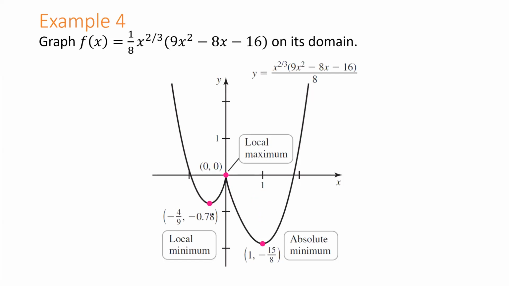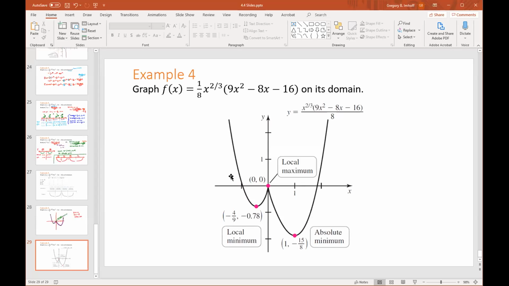Got a local max and our local minimum values. So you see, even though I didn't go through all those steps for this example, I was able to gather almost all the information that I needed just from those first and second derivatives.